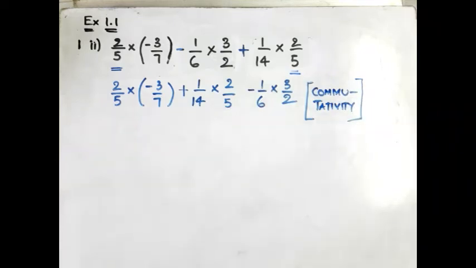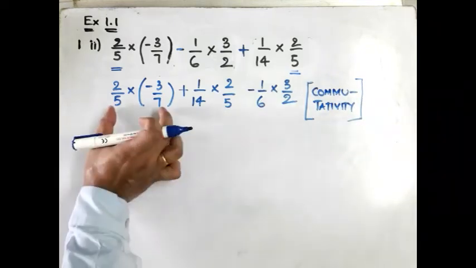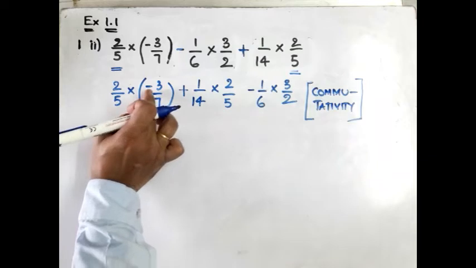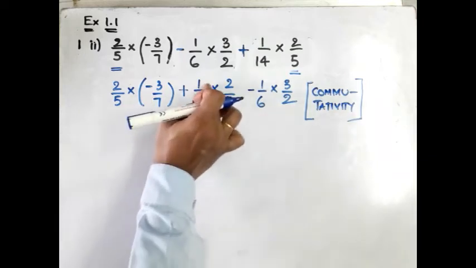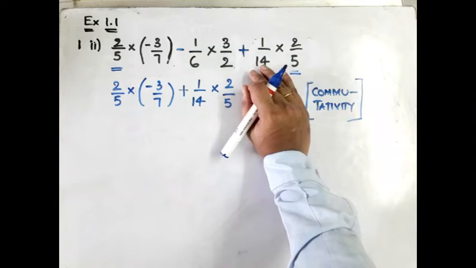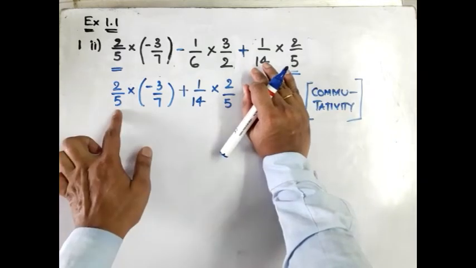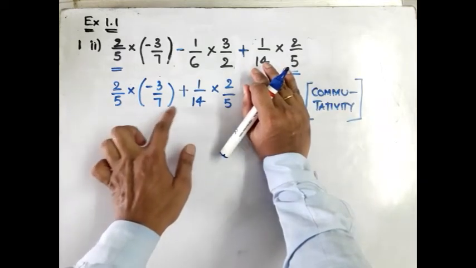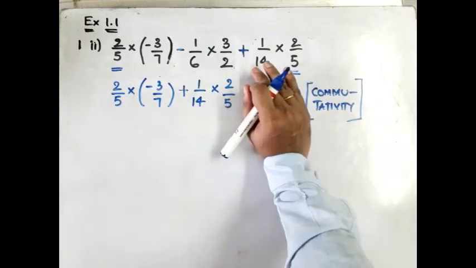Now, look. 2 by 5 into minus 3 by 7 plus 1 by 14 into 2 by 5. First, forget about this term for some time. Observe carefully.